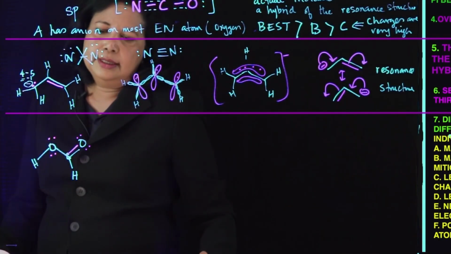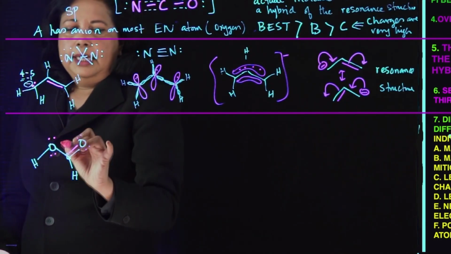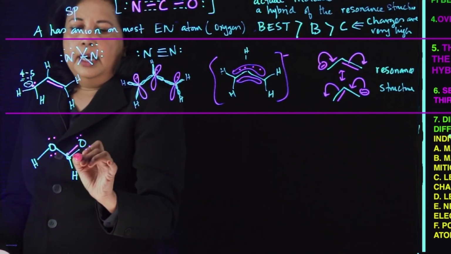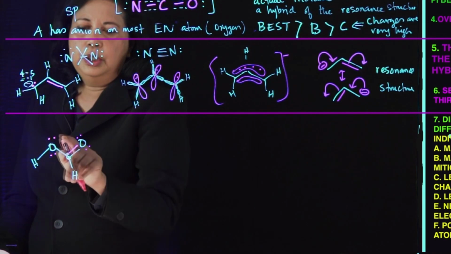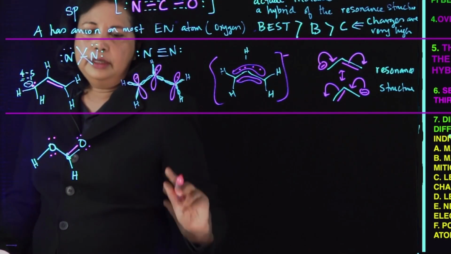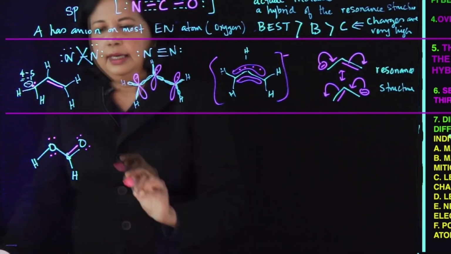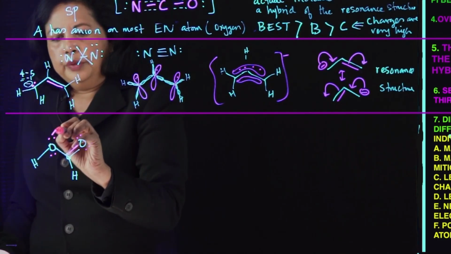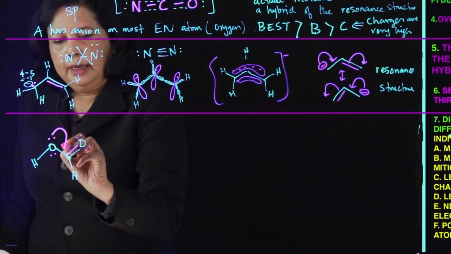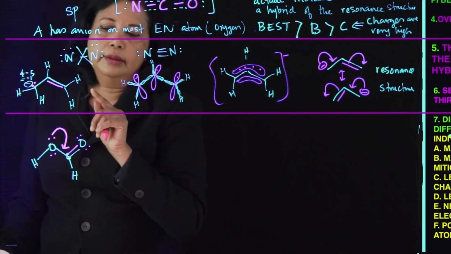Where would you start? Do you want to take a lone pair and make a pi here, or do you want to take a lone pair and make a pi here? And if you do, what are the consequences? Let's take this and move it over here. Now, if I put an arrow here, that means I'm going to make a bond here.